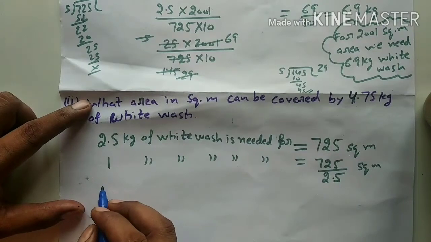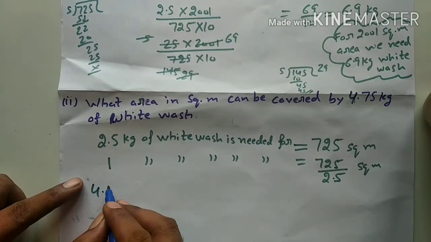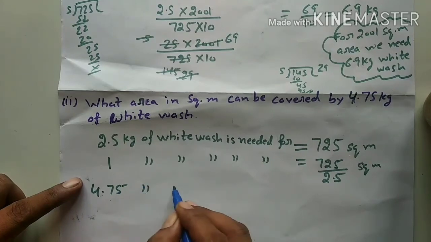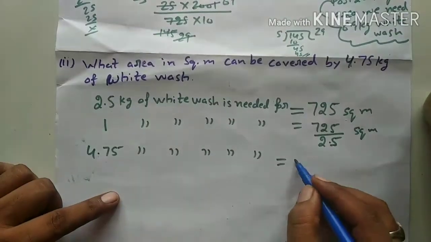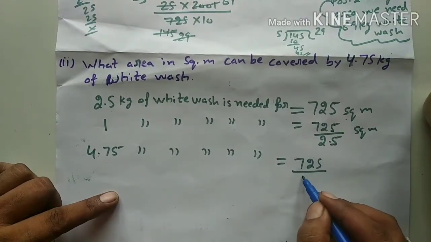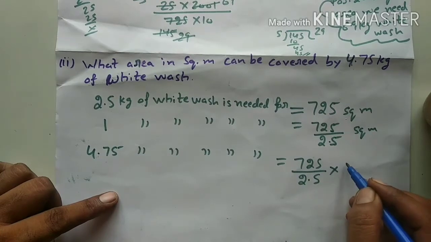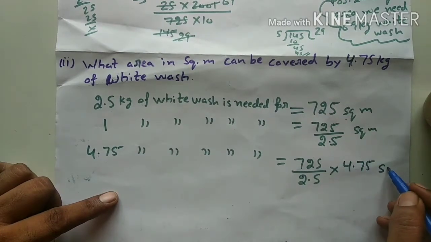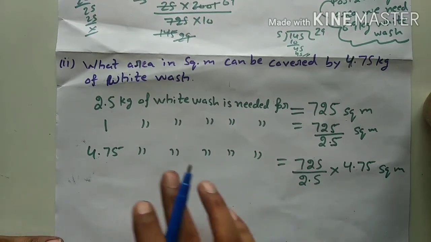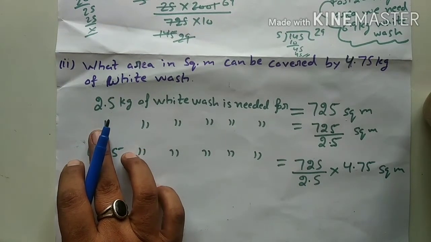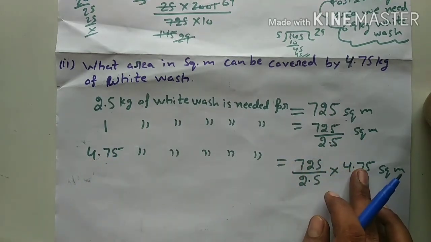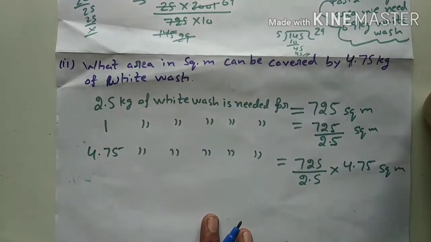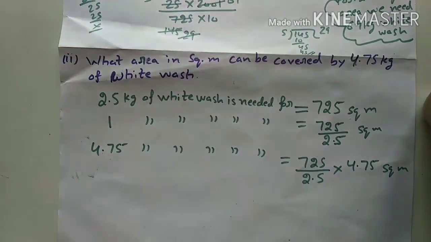Now in place of 1 I will write 4.75, that is 725 divided by 2.5 multiplied by 4.75 square meter. As we know, when we reduce the quantity, then we will divide. When we increase the quantity, then we will multiply. So as we did in the earlier question and part 1 of this question, now I will solve this.